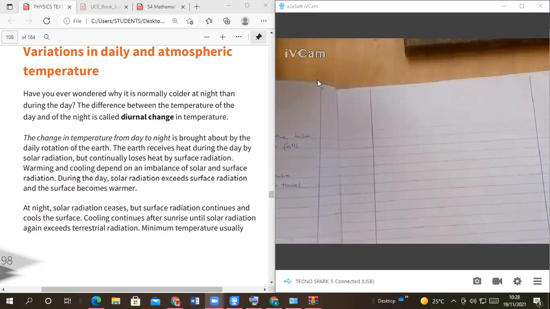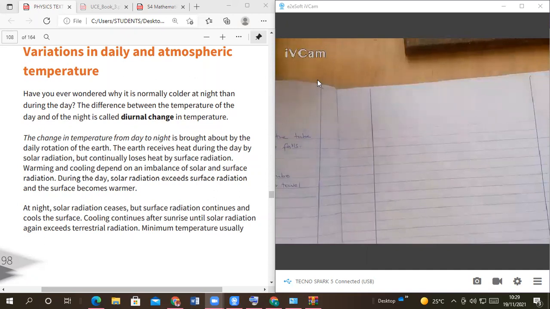During night hours, the solar radiation ceases or reduces, and the surface radiation continues. Because as the land absorbs heat during the day, it continues to lose the heat even throughout the night hours. Even if the sun has gone away, the land will continue to lose heat.